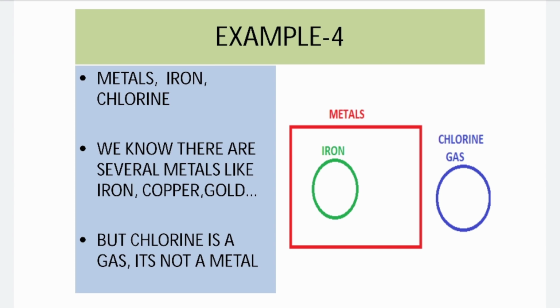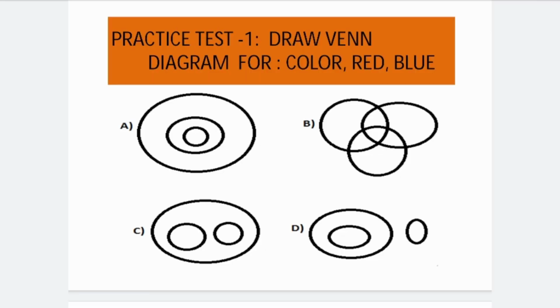So coming on to the next example, actually this is not an example, this is a question. You have to draw Venn diagram for the relation between colors red and blue. I can give you 10 seconds of time.